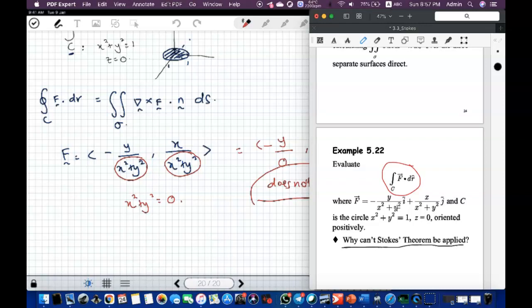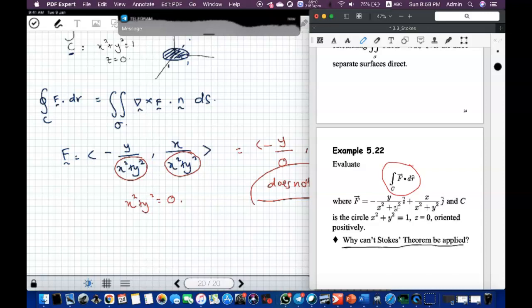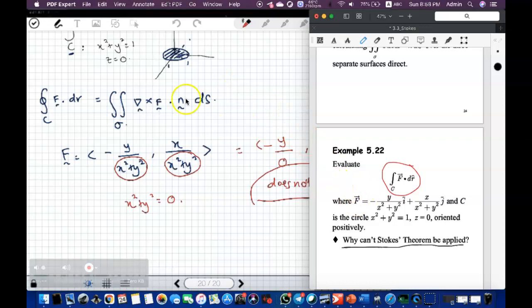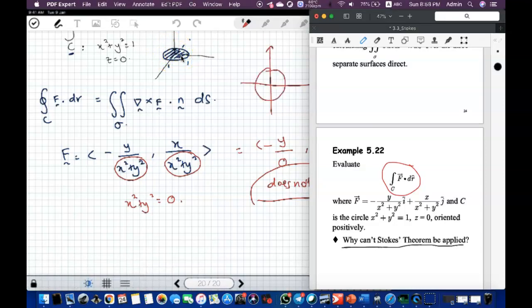As I mentioned before, Green's theorem and Stokes theorem are related to each other. We call it Stokes because we have a closed curve in space, but for Green's theorem, we have a closed curve in 2D because now z is equal to 0. So you only have x and y, and it is a closed curve.